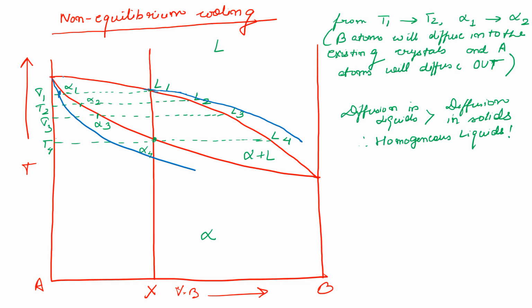So this is alpha 1 prime, or rather, let's keep it prime for alpha 2 prime, alpha 3 prime, alpha 4 prime. That's the reason why our solidus will be shifting downwards, right? Because of the non-equilibrium conditions that we have. Okay, so we have covered this part.